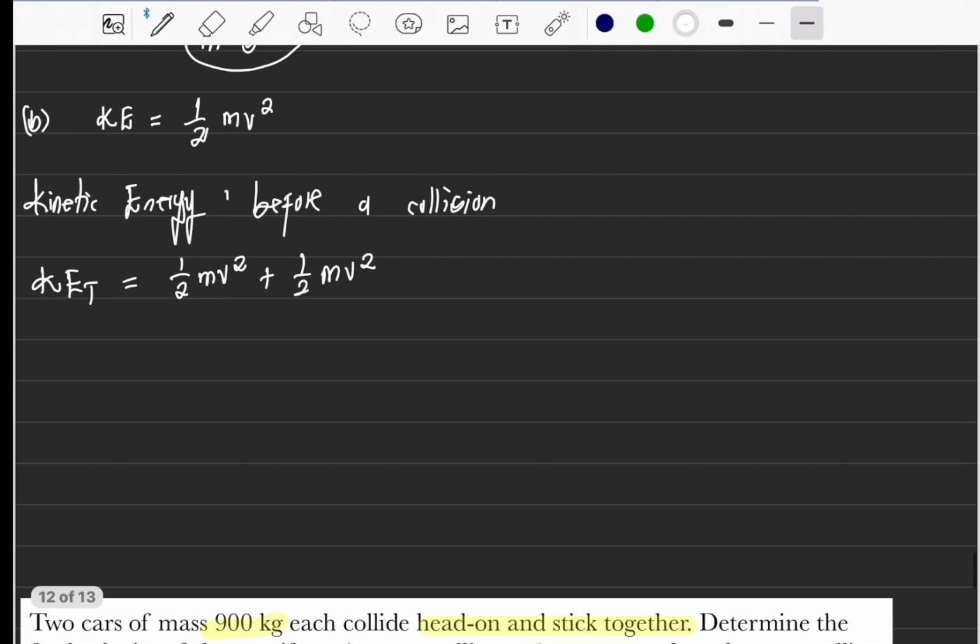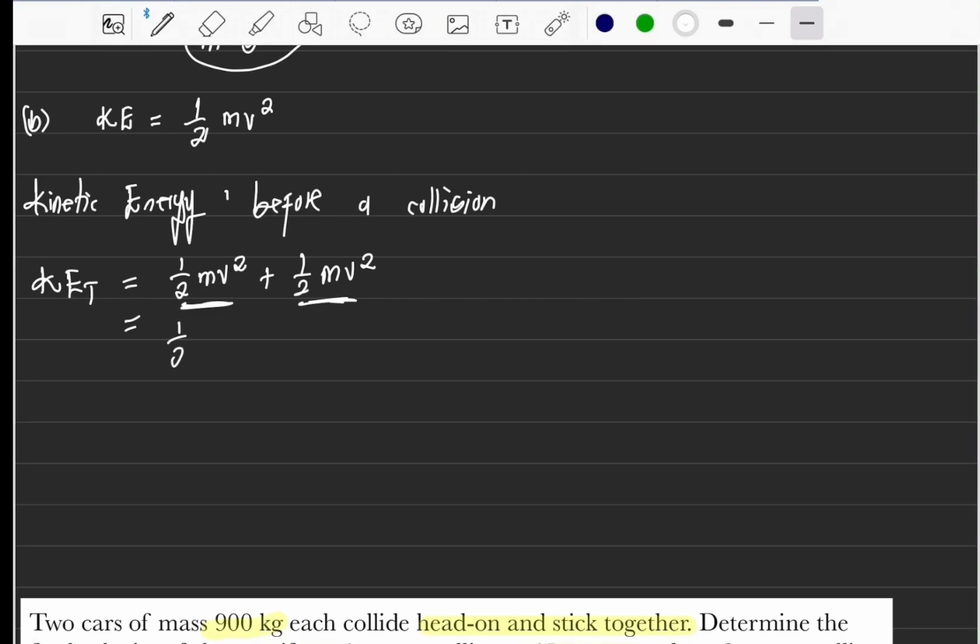After saying this, you are going to substitute. This is going to be the kinetic energy for the car, and this is going to be the kinetic energy for the truck separately, or vice versa. It's your choice, but I'm going to use the first one for the truck.